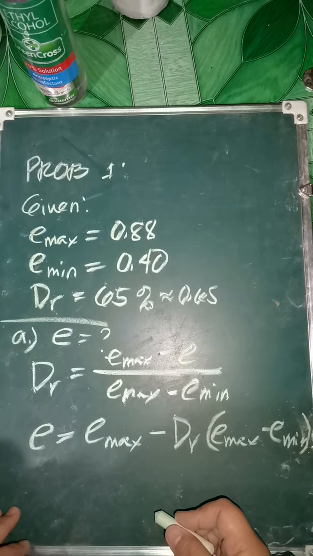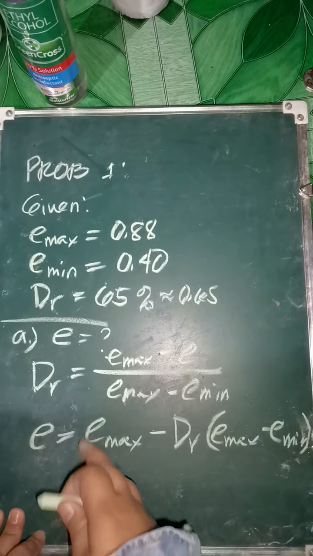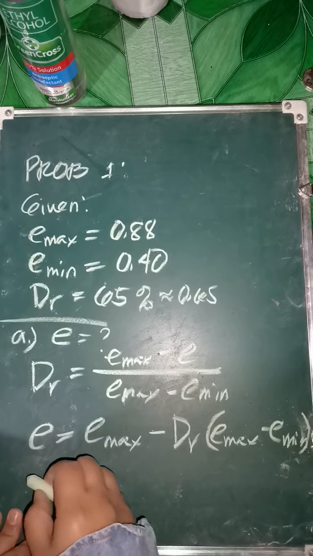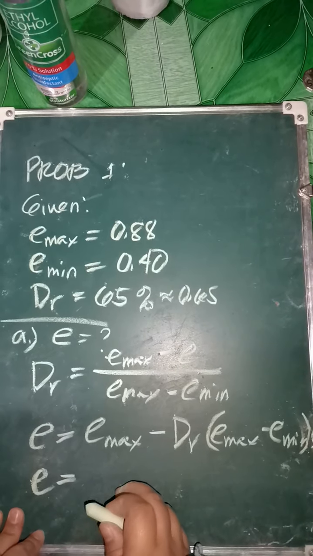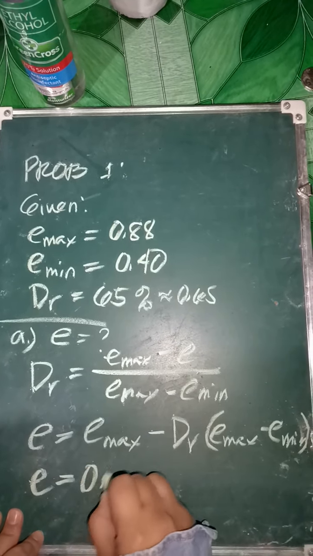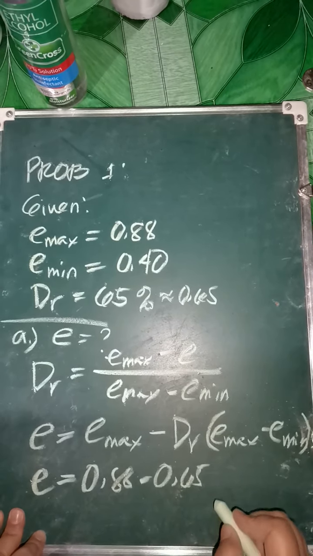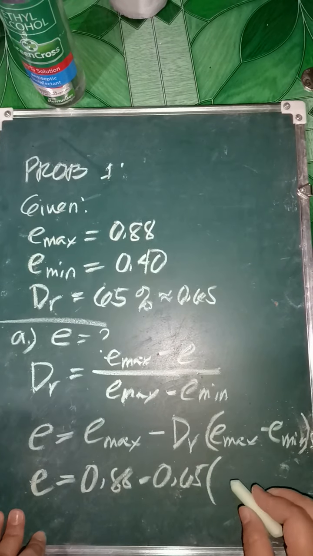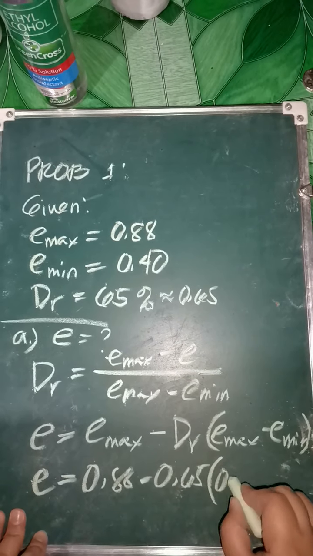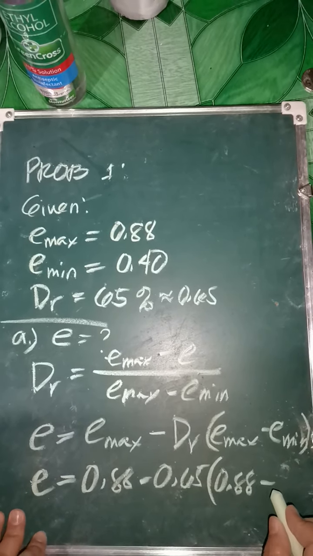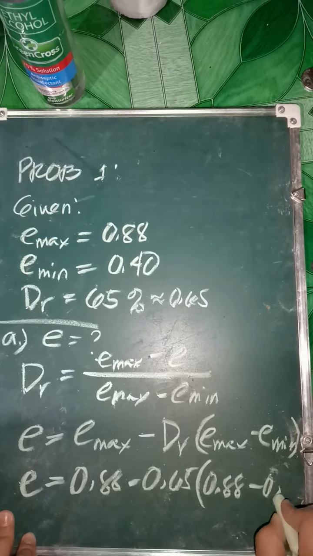So that's the equation. We substitute the given values: E equals the E max, 0.88, minus 0.65 for the Dr multiplied by the E max 0.88 minus the E min, 0.40.